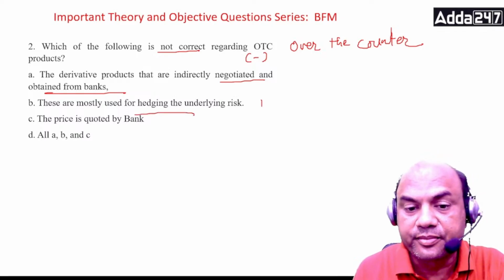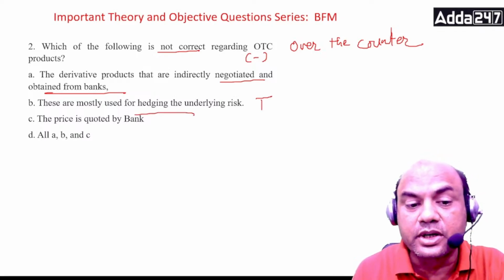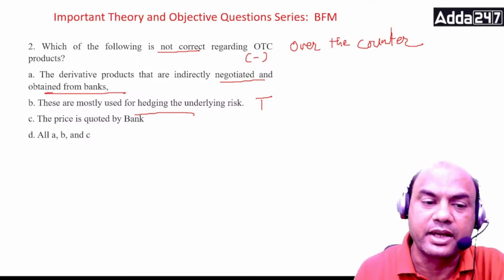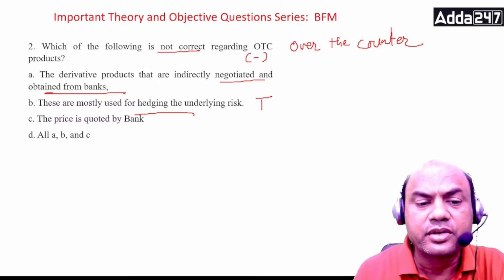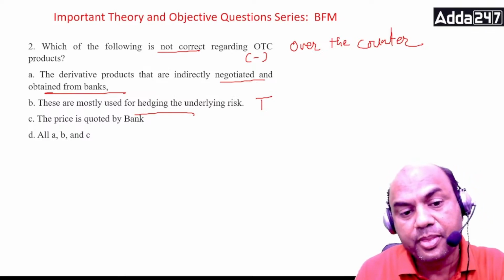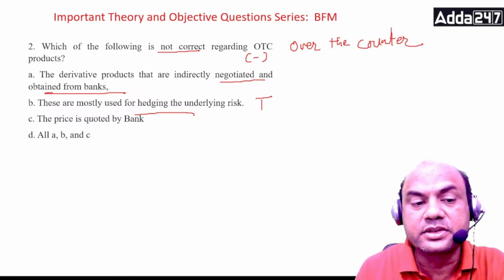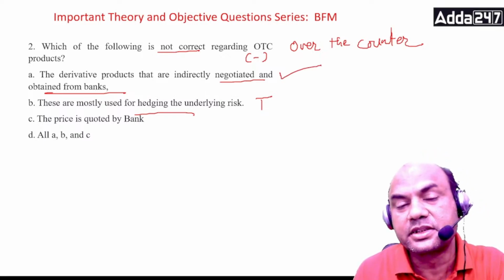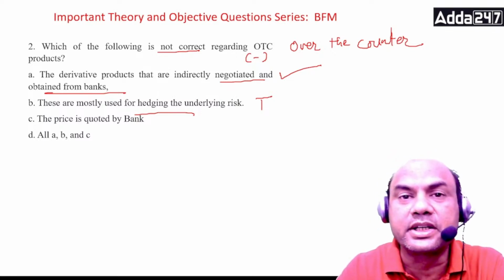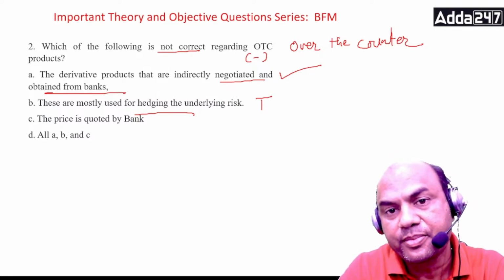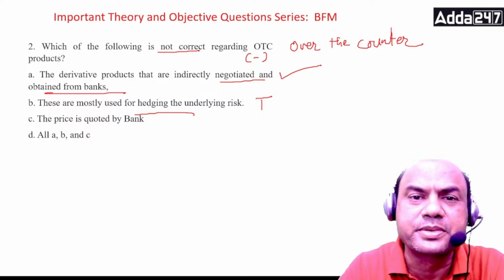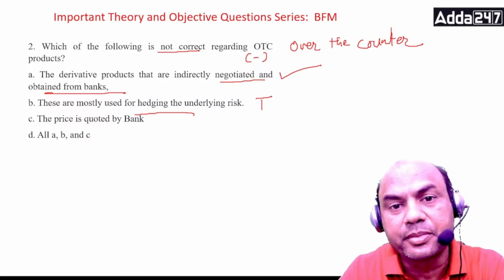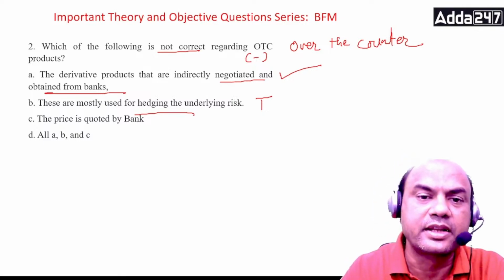This is correct. The price is quoted by the bank. Means of course the purchasing party will be the bank. So this is also true. So the only answer over here is obtained from the banks. It's not only obtained from the banks. These are like common derivatives. Let's see options market, Reliance option, this option, that option. Are they obtained from the banks? So that is the point.